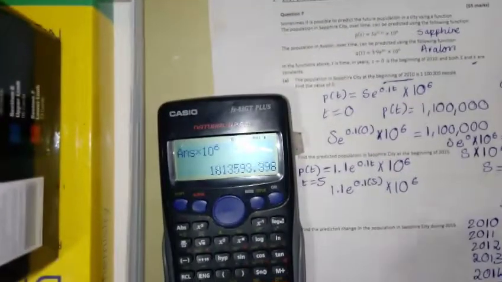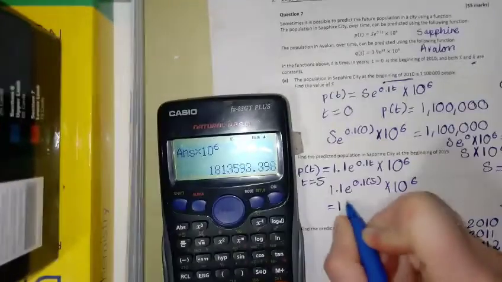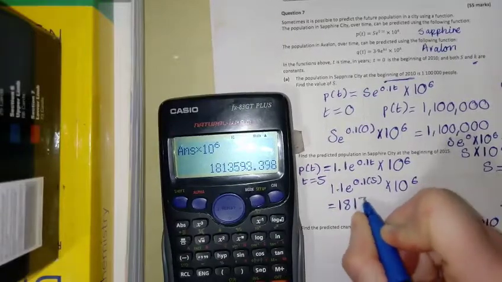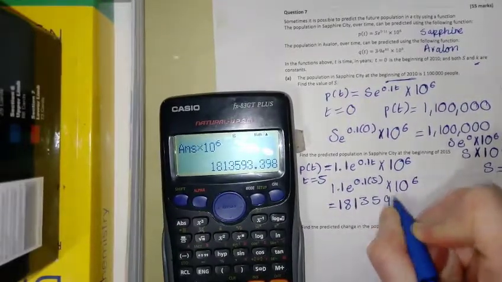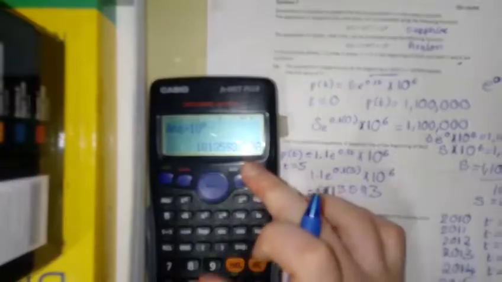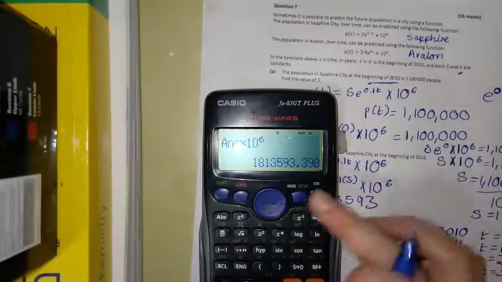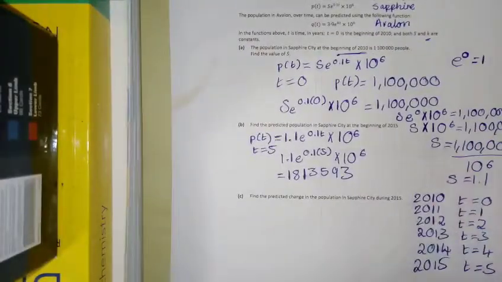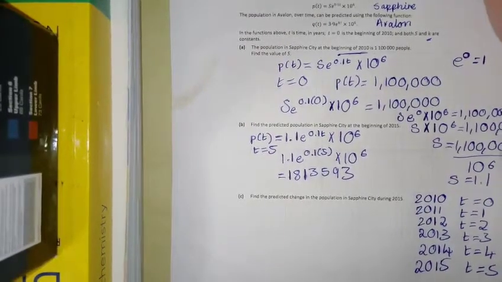And then we get an answer of 1,813,593. And we're rounding this down because we cannot have a decimal number for our population.